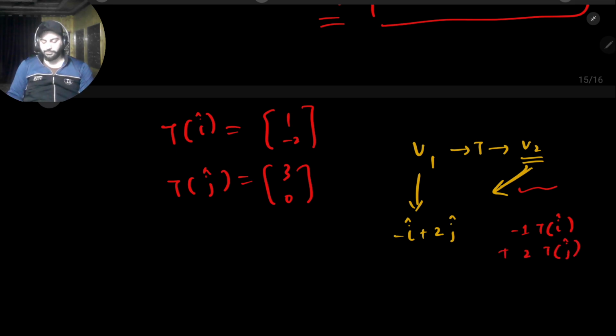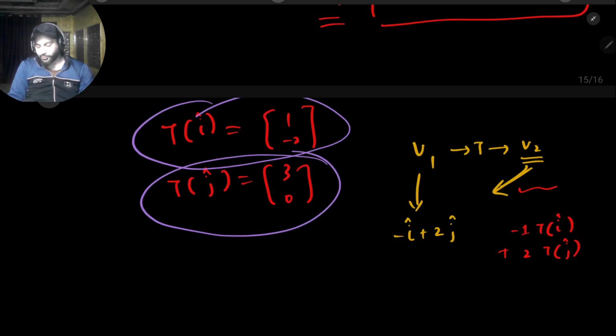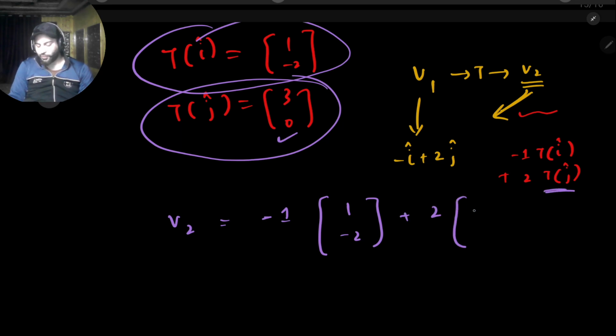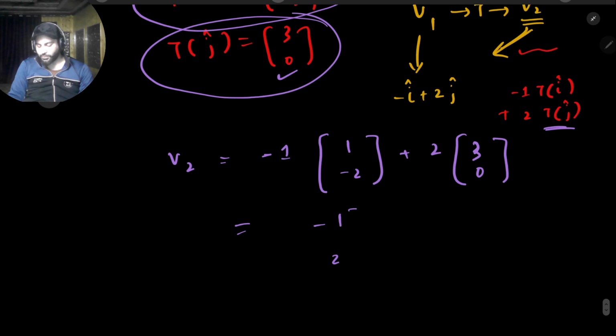Now I know these are the values of the transformations. So in order to get this v2, I can write v2 is equal to -1 multiplied by (1, -2) plus 2 multiplied by Tj. Tj is (3, 0). So I get (-1, 2) plus (6, 0), which is equivalent to (5, 2).